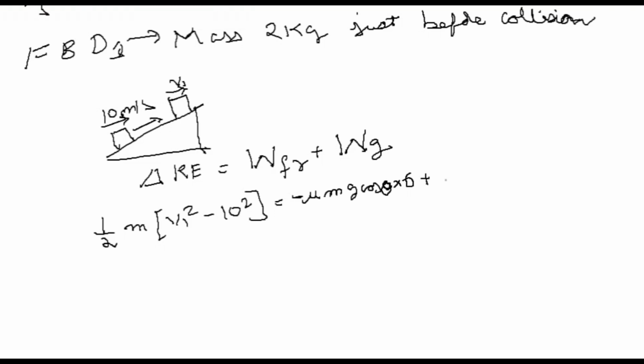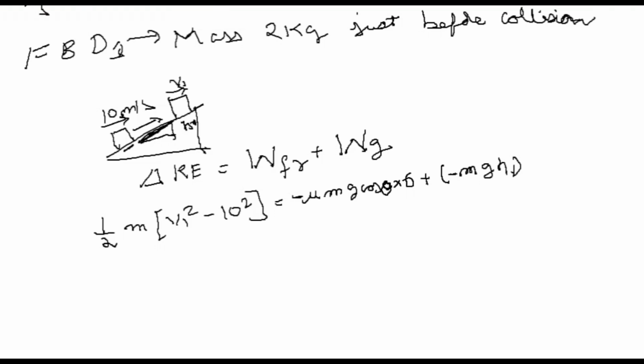Now the work done by gravitational force will be minus of m into g into h1. Now what is h1? H1 is the total upward displacement of this mass 2 kg. Here it is actually traveling a distance of 6 meters along the inclined plane, so the total vertical distance will be h1.